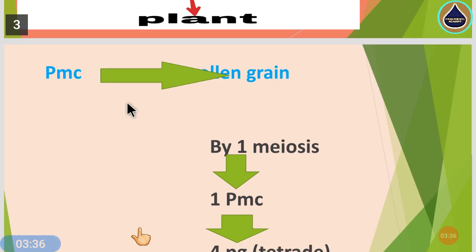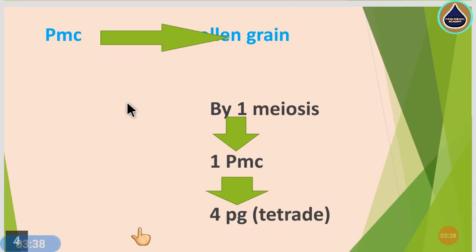Now we'll go for the number of cell divisions that is needed for the formation of this pollen grain. So dear students, you can see here there is a term PMC, meaning pollen mother cell. This pollen mother cell is a diploid cell having 2n number, and it is needed for the formation of the pollen grain, because the pollen grain eventually forms the male gamete.